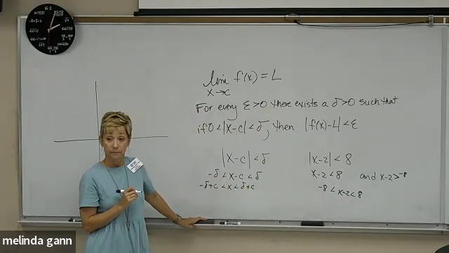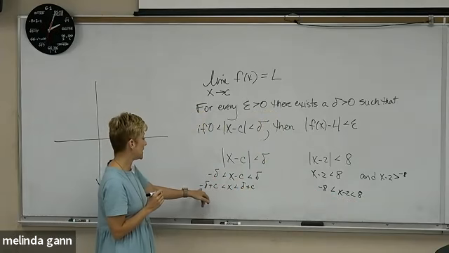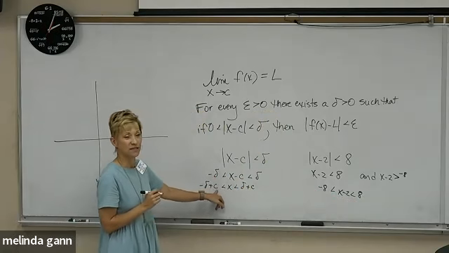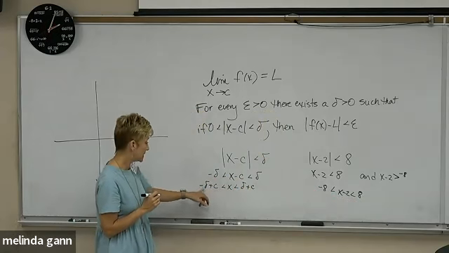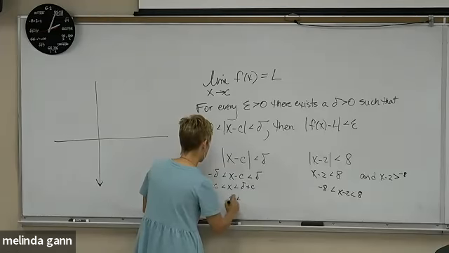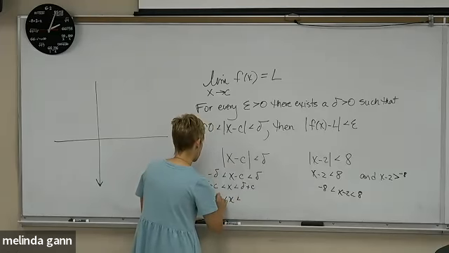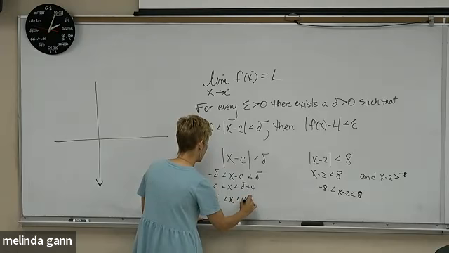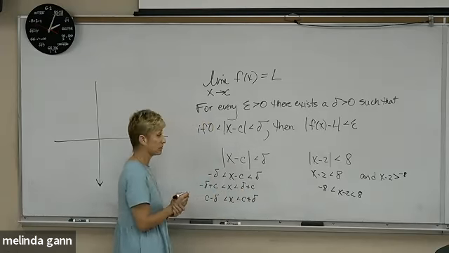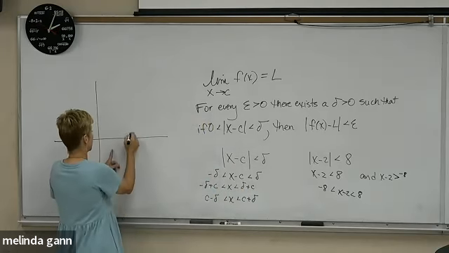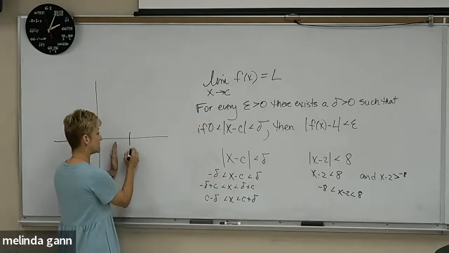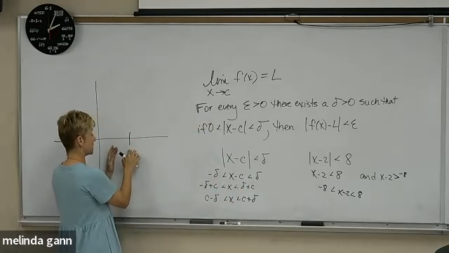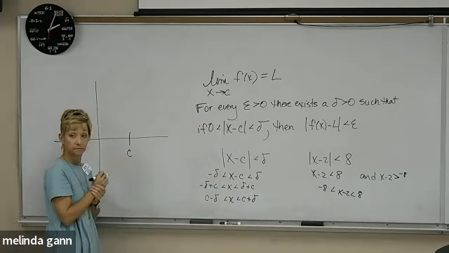We okay? Now, what's the same thing as a negative delta plus c? What's an easier way of saying that? c minus delta, and that's the way they show it. So c minus delta and c plus delta. So here's what we're saying. I've got some value down here, some c.